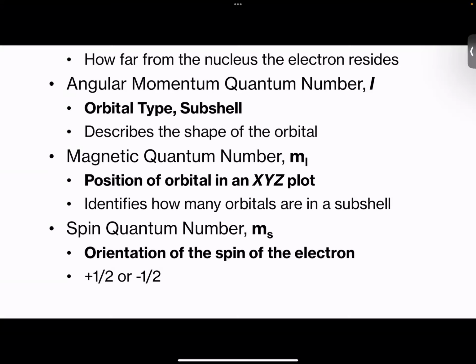So we've narrowed it down. Then we get to the magnetic quantum number that says you're in Main Hall, room 104. We've narrowed it down further. The spin would be like putting you in the seat you're sitting in. So it's like an address, but it's an address for an electron.